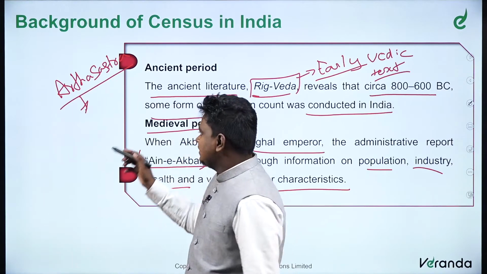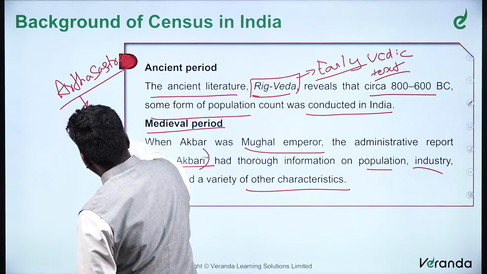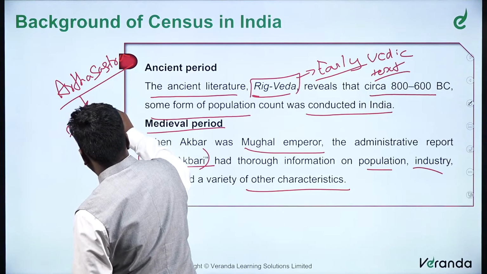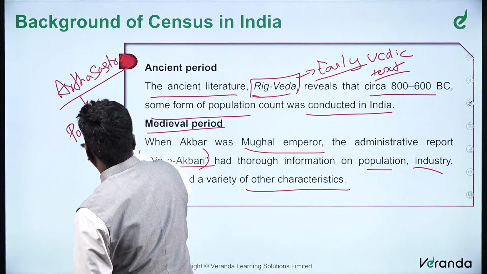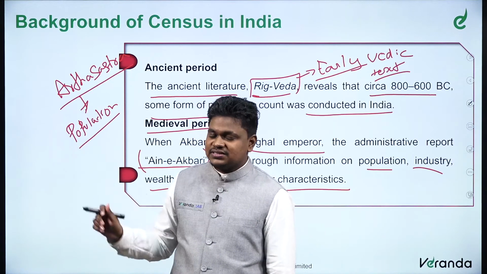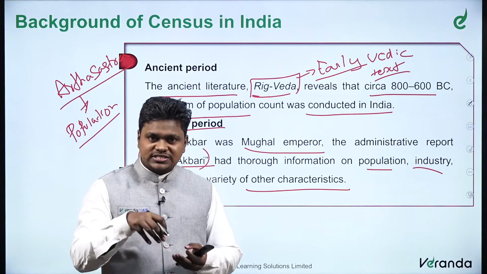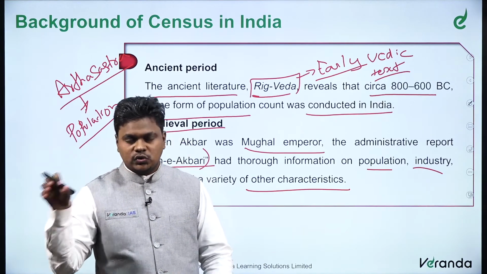It has some details about the population of the Mauryan country. Even though the exact number is not given in the Arthashastra, we have some information about the population living in the Mauryan country during that period.